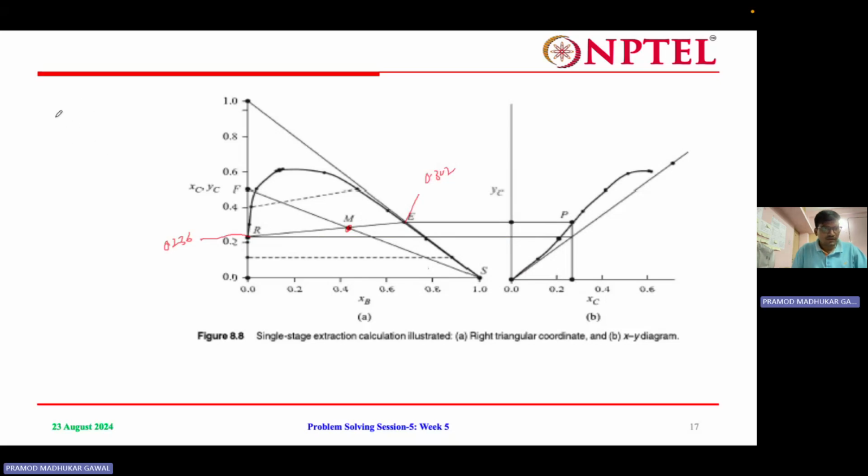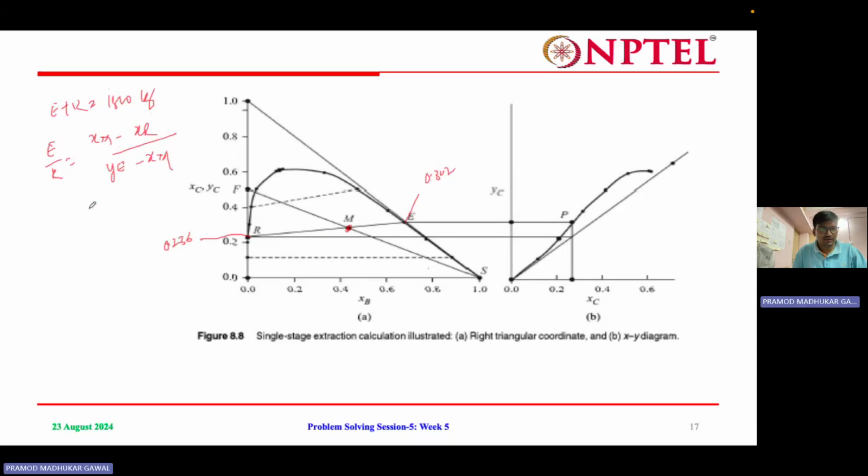So E plus R equals 1800 kg, right? Now E by R is (xm minus xr) over (y minus xm), right?